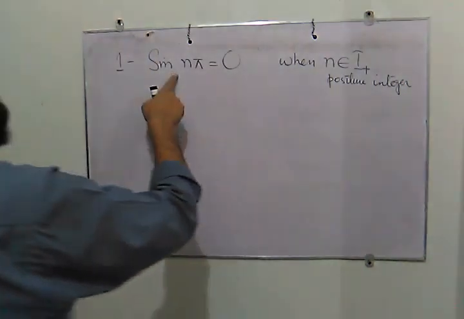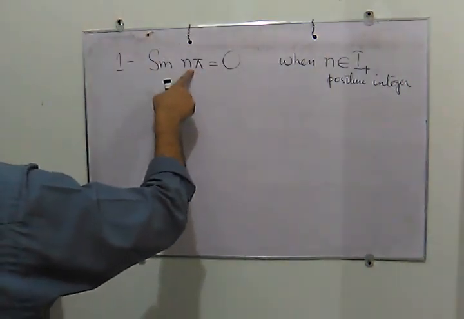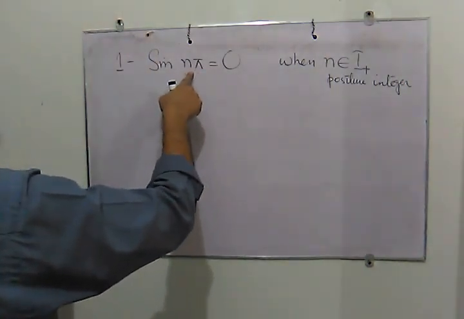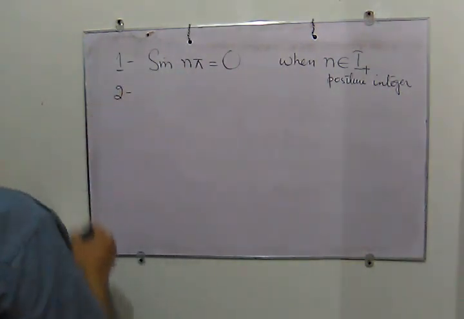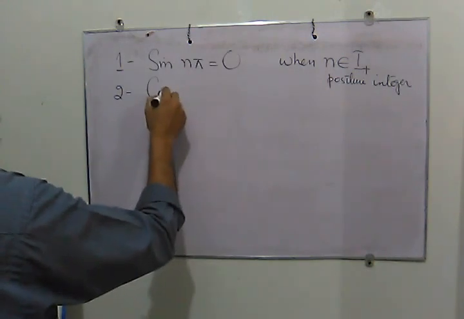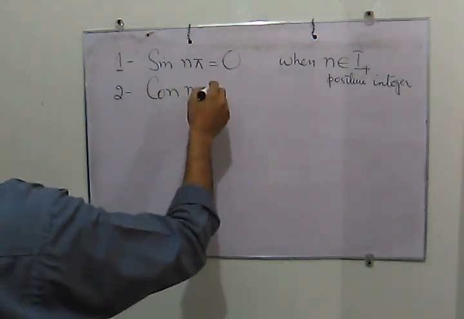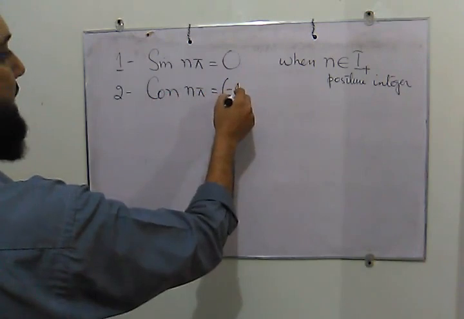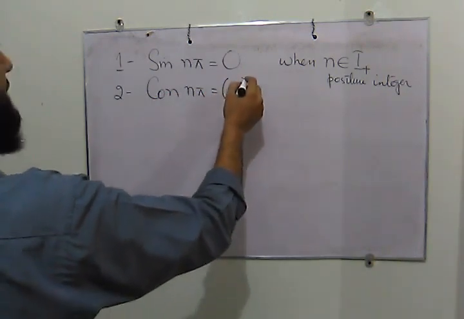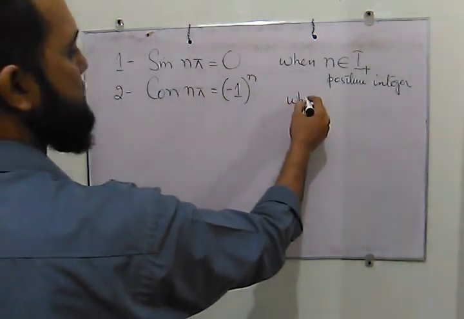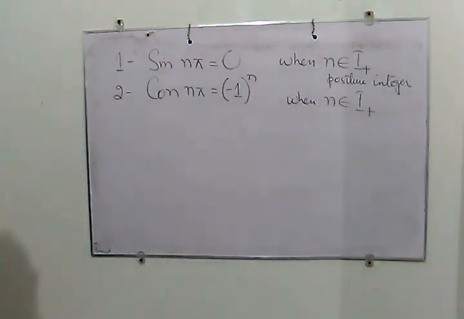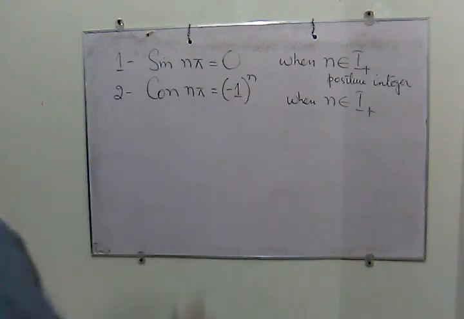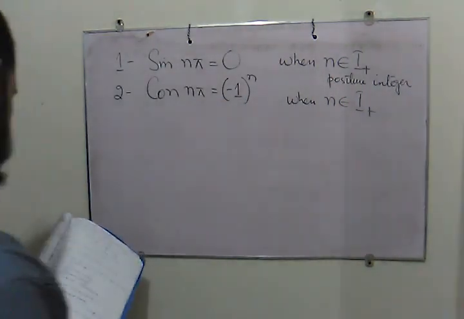Which means that sin pi is equal to 0, sin 2 pi is 0, sin 3 pi is 0, sin 4 pi is 0, up to sin n pi is 0. Second thing is cos n pi, this is also an identity, is minus 1 to the power n when n is a positive integer. Then we can write cos n pi in the form of minus 1 raised to the power n.